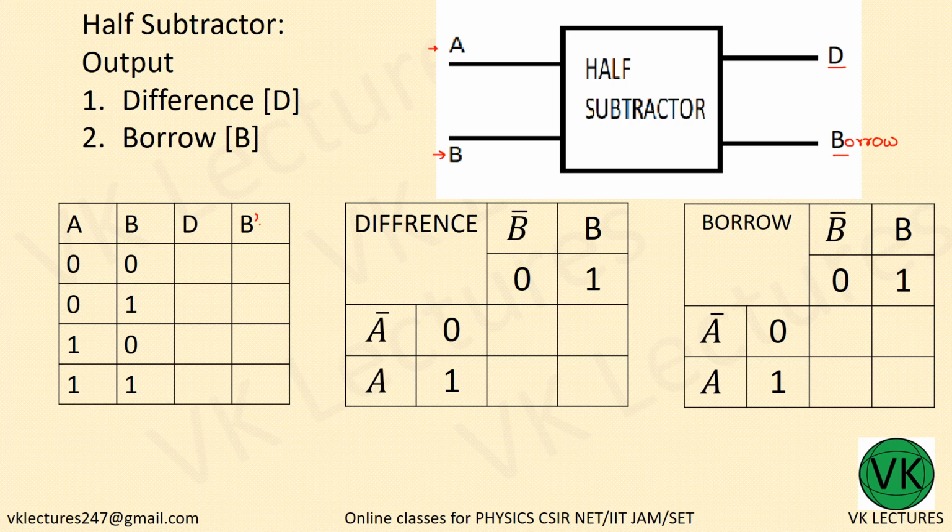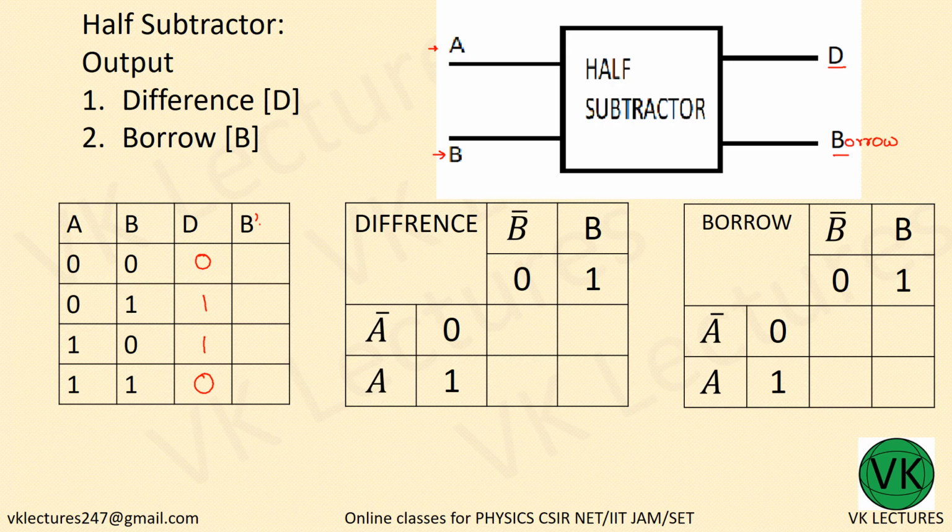Okay, so 0 0, what is the difference between 0 and 0, or 0 minus 0 is 0, so actual difference you can write 0. 0 and 1, difference is 1. 1 0, difference is 1. 1 and 1, difference is 0.